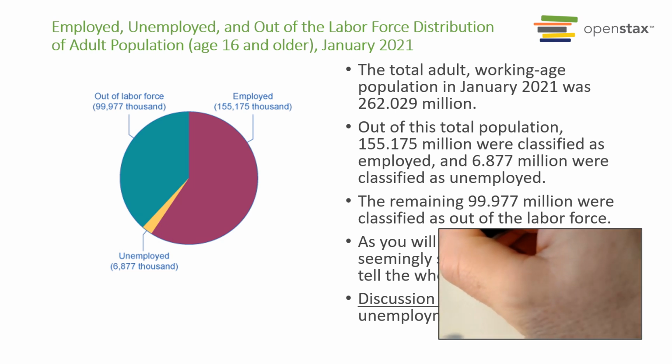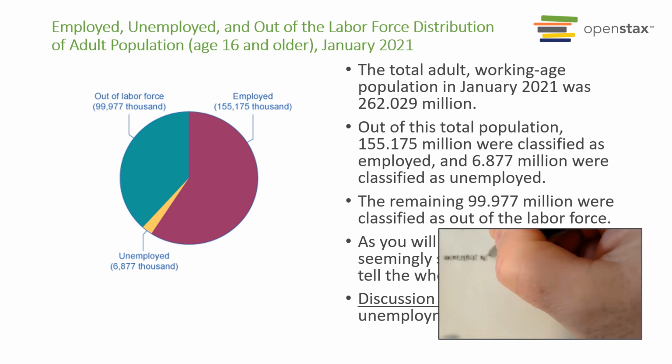So the unemployment rate in this case, given the data that we have, is going to be equal to the number of unemployed, which is 6,877,000, multiplied by 1,000.